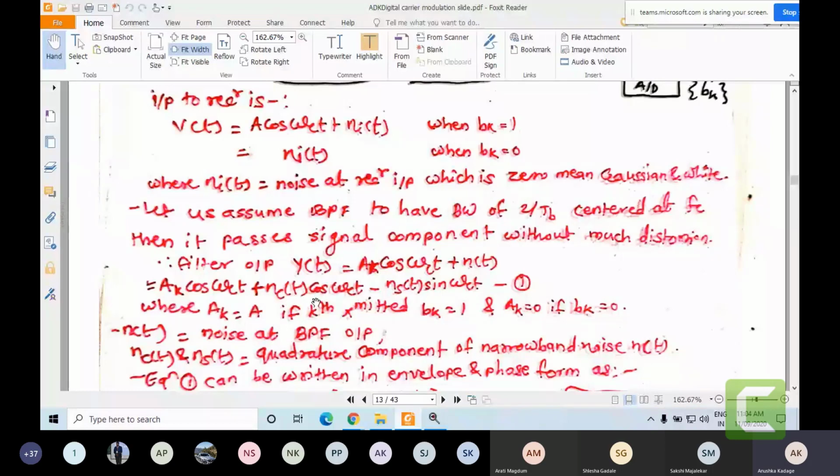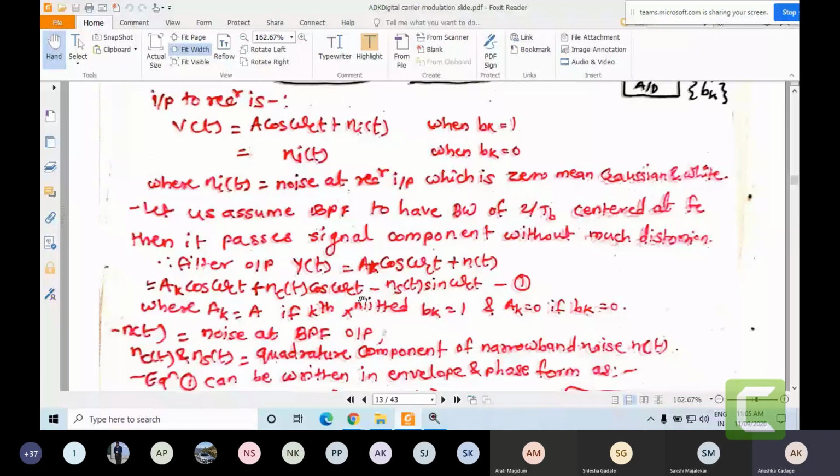One will be the cosine component and another one will be the sine component. So Ak cos of omega c t will be retained as it is, but this n(t) will be elaborated as nc(t) cos of omega c t minus ns(t) sine of omega c t.